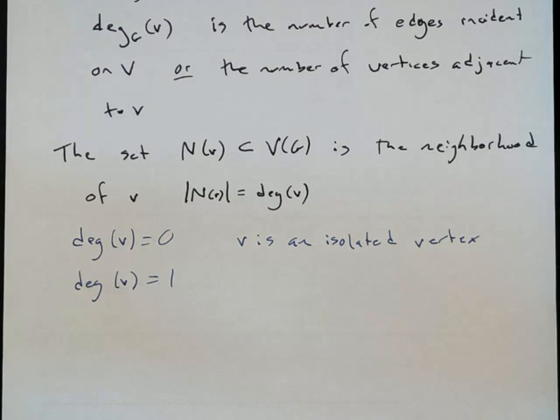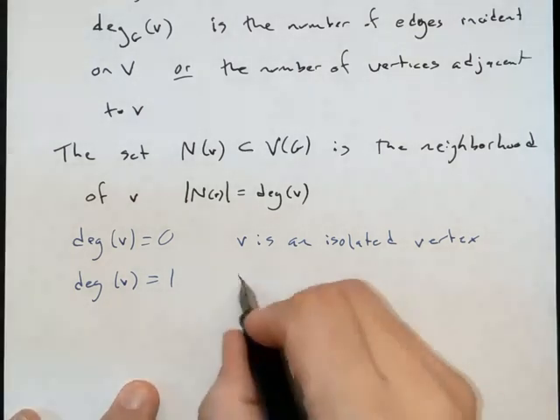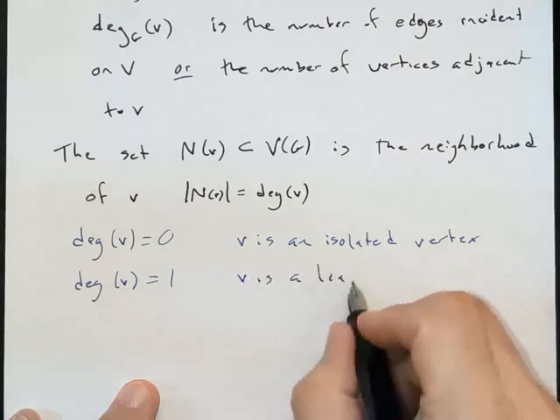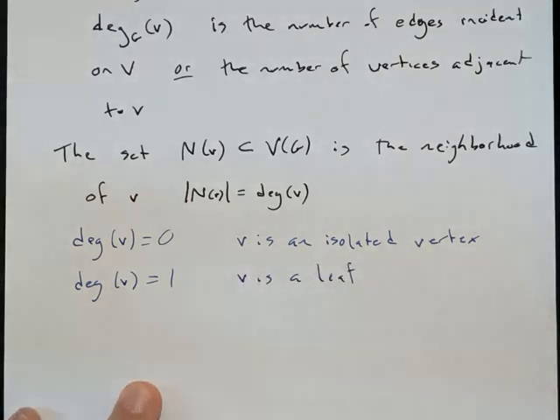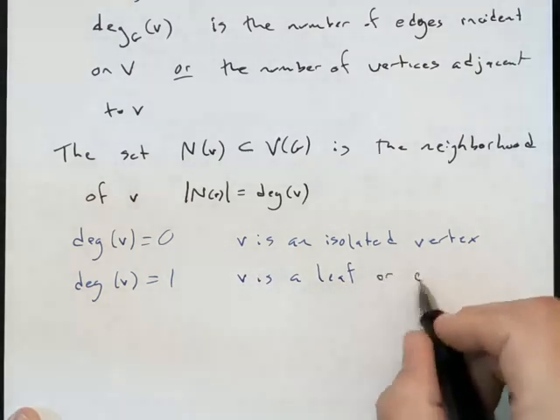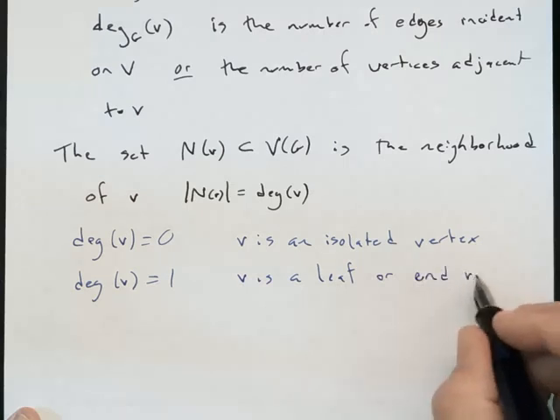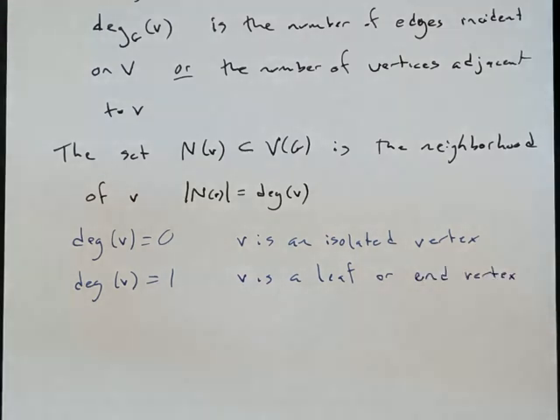But that means it's just stuck out on the edge all on its own. Here you are, the end of the branch. This is your only lifeline. We'll call it a leaf on a branch. Although maybe that descriptor should be reserved for certain kinds of graphs, so we'll sometimes call them end vertices because they're the end of the road.